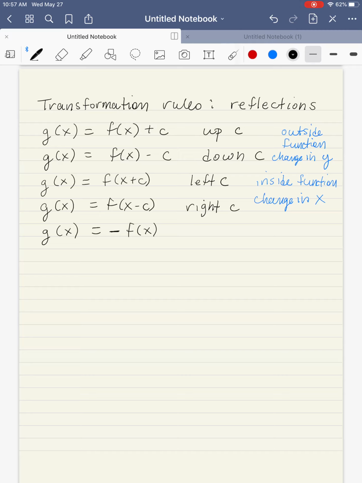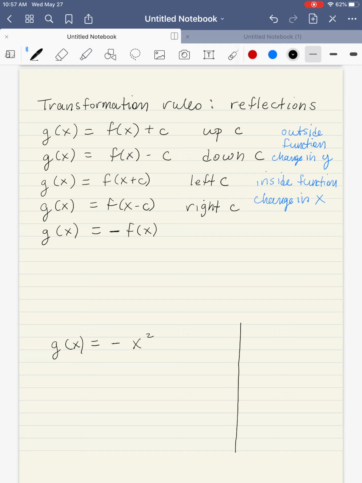For instance, let's say that we have a function g of x, which is equal to negative x squared. We know already what the graph of x squared looks like.